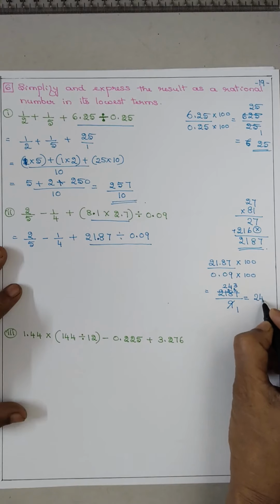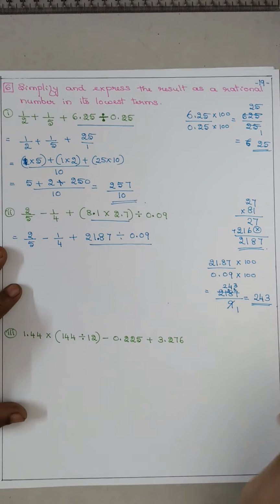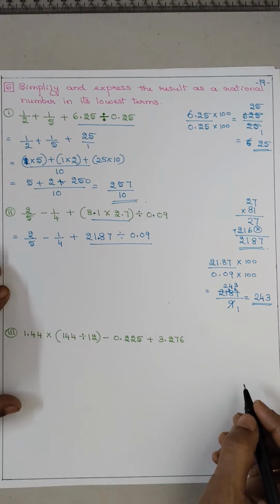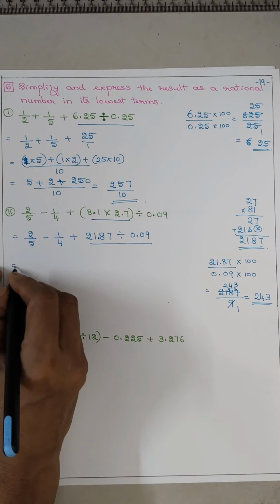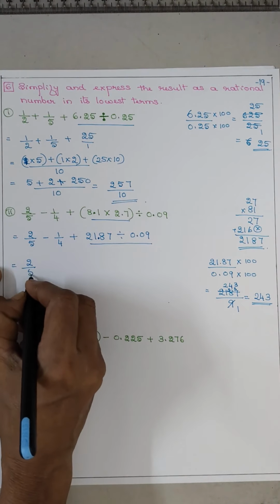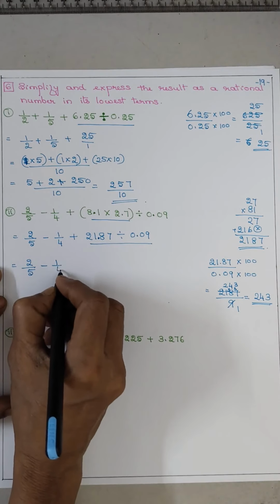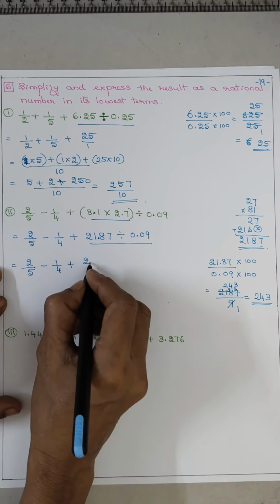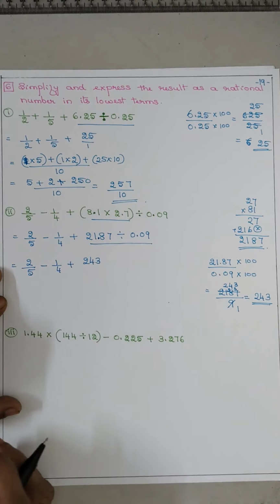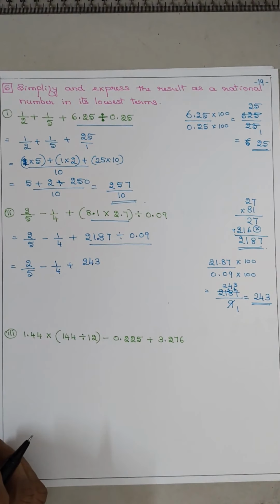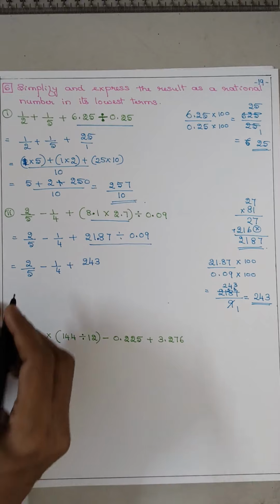So answer is 243. That means 2 by 5 minus 1 by 4 plus 243. So 243 means 243 by 1.